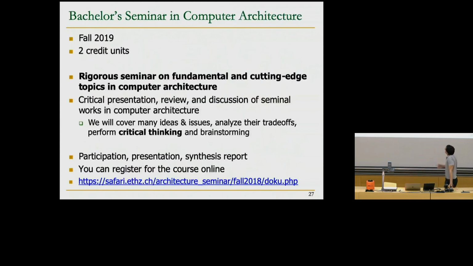Again, the Bachelor seminar: we have this seminar every semester, fall and spring. The next one, obviously, will be the fall semester. Here what we do is read papers and analyze them. In the very beginning of the seminar, we will offer some papers that we select because we consider that they are very important and useful in computer architecture. Some of the papers are historical, let's say.